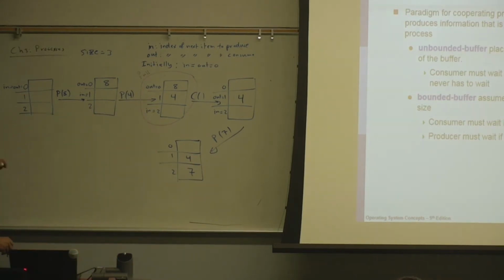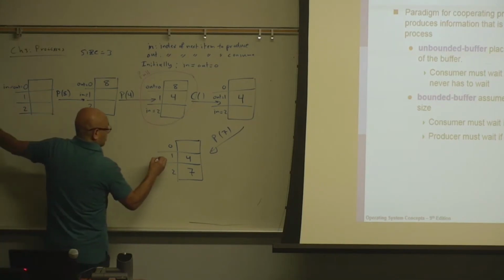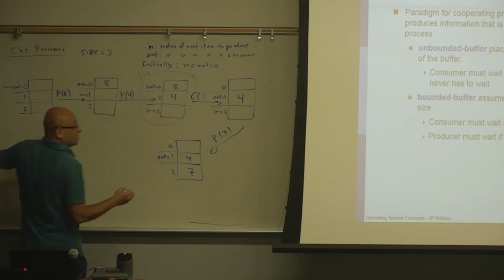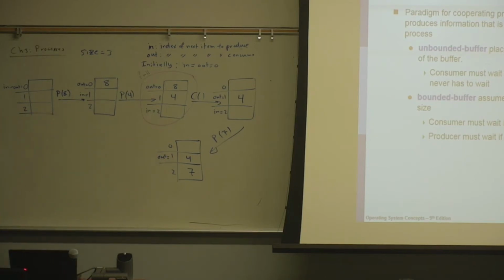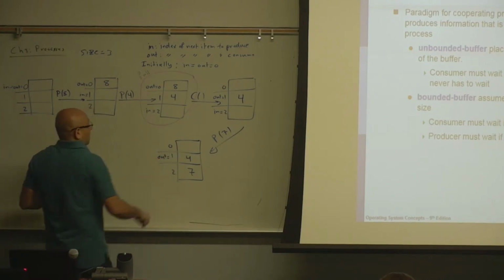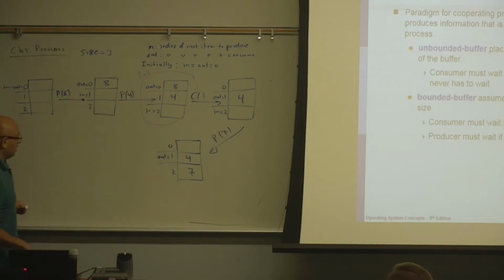Now where will our in be and where will our out be? Our out is not going to change. Out is changed by the consumer, in is changed by the producer. So where will in go now? 0. It will wrap around to 0, because this is where the next production will take place.